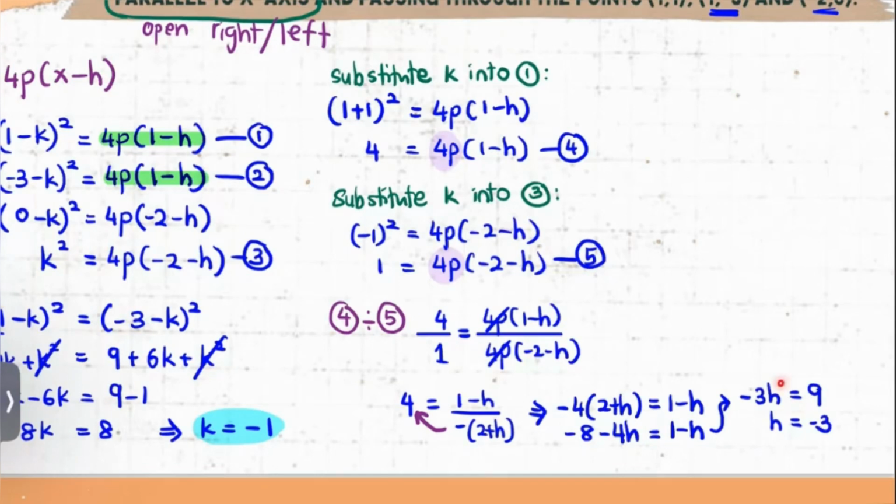Okay, mana datang negative 3H? Negative 4. Pindahkan H ke sini. So, dapatlah negative 3H. Okay, so this is our answer for H.